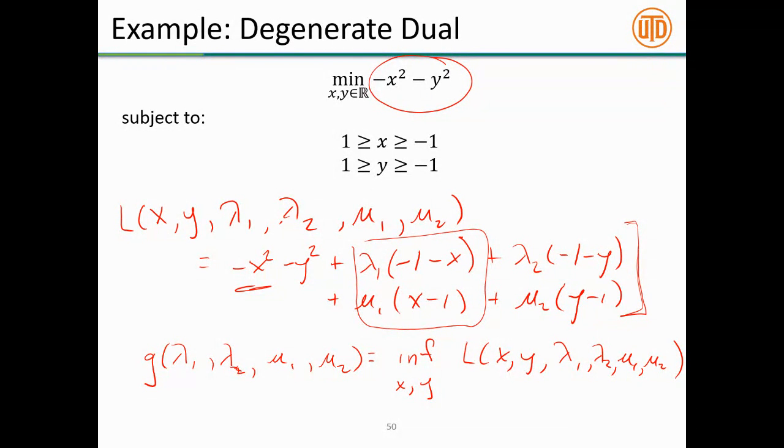It's running to negative infinity. So if I make x large enough, I can drive it to negative infinity, no matter what. The same thing's true for y, but it doesn't really matter, because if I can drive it to negative infinity just with x, that's the solution. So in fact, the dual problem in this particular case is just equal to negative infinity. That's it. That's the dual.